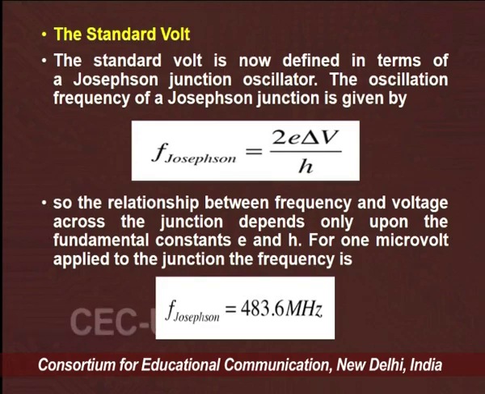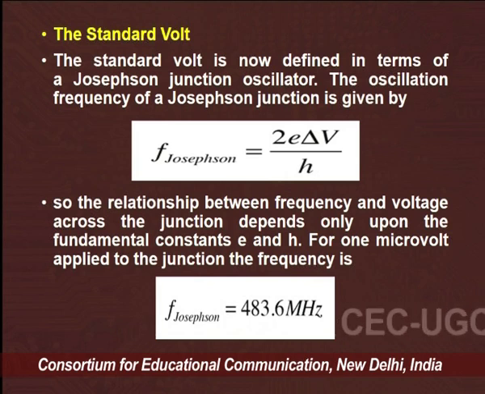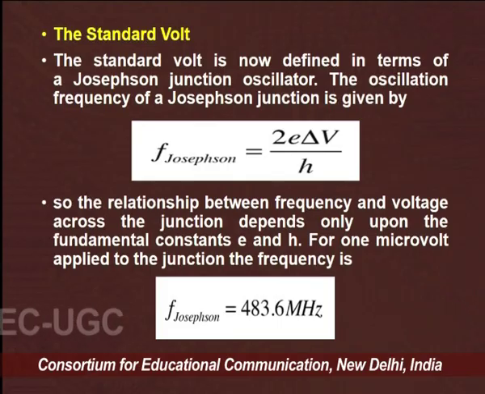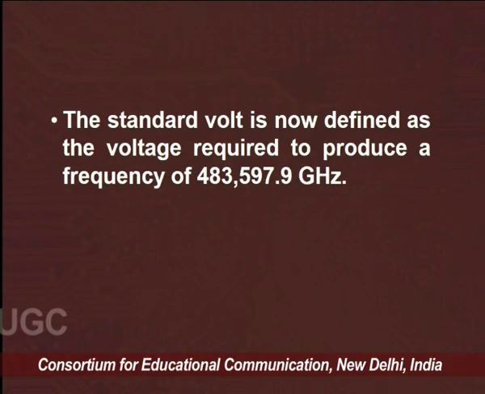So, for 1 microvolt, if we just have the value of the voltage, that is 1 microvolt applied to the junction, then the frequency we will get is 483.6 megahertz. So, for the voltage 1 microvolt, we are having the frequency that is 483.6 megahertz.